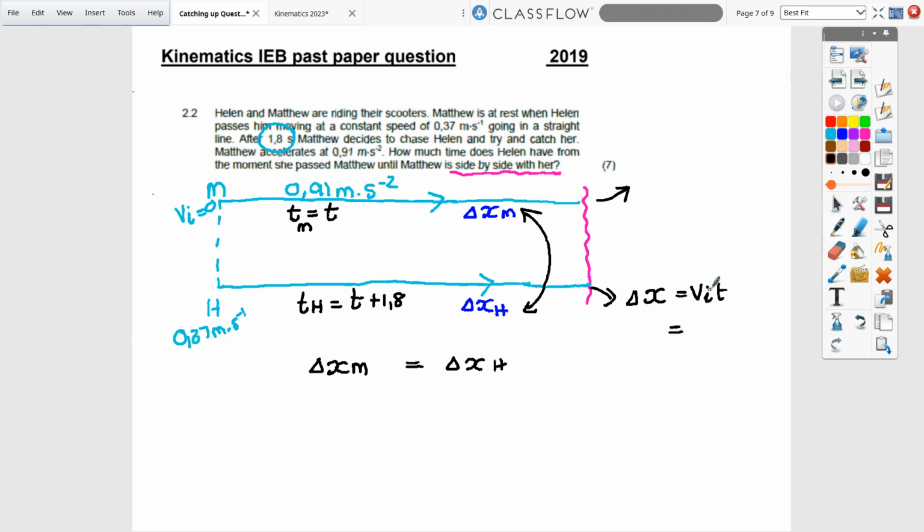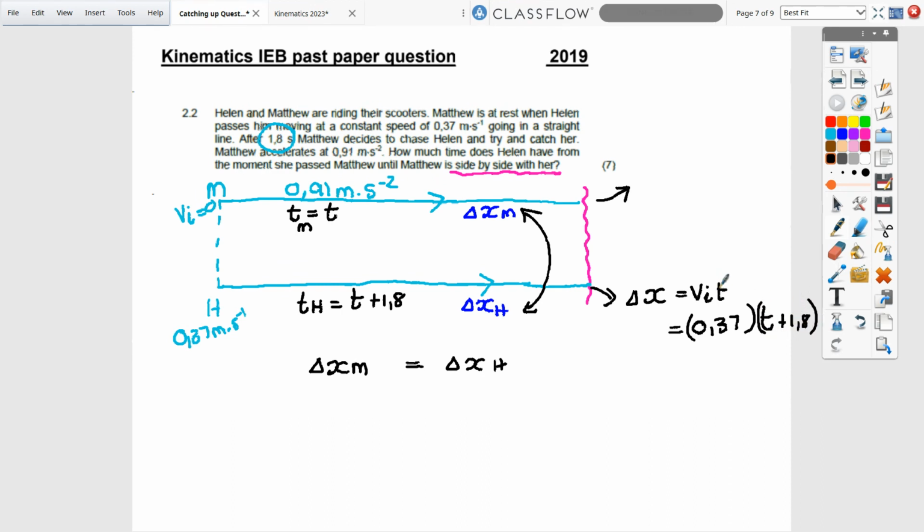And it just becomes vi, which we know already for Helen is 0.37, times t. But this is t for Helen, remember? And we already said t for Helen is t plus 1.8.